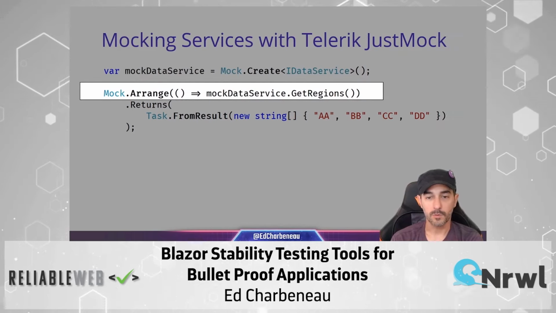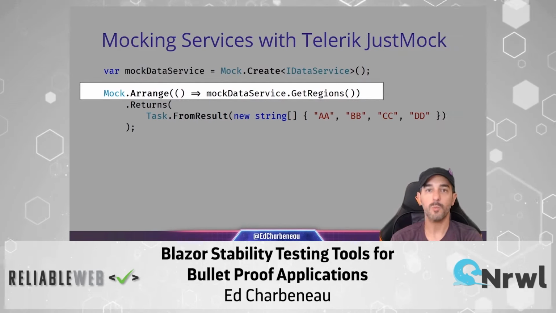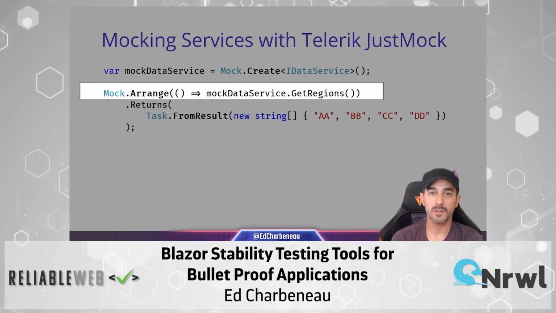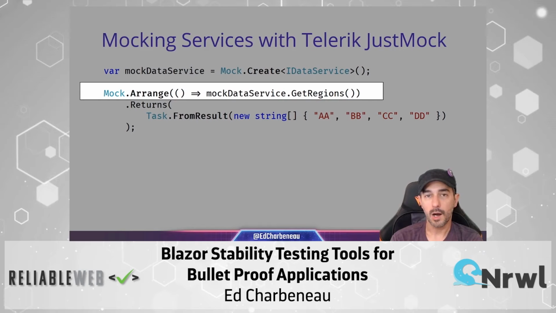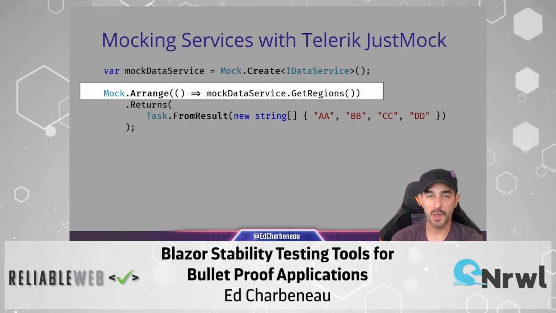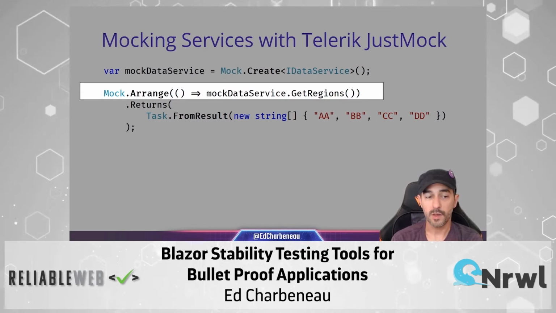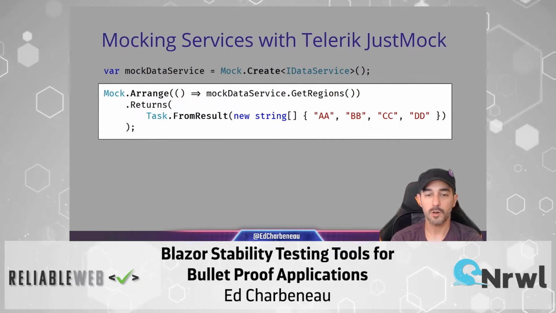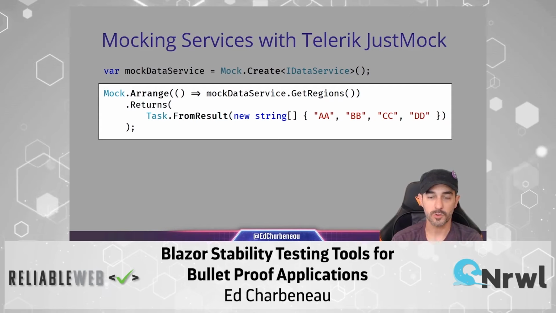Then we'll call Mock.Arrange on the methods that we'll be calling in this test. And with Mock.Arrange, we can tell the mock object how to respond to those methods and properties with known data. So for example, here, we're going to call GetRegions from our data service.